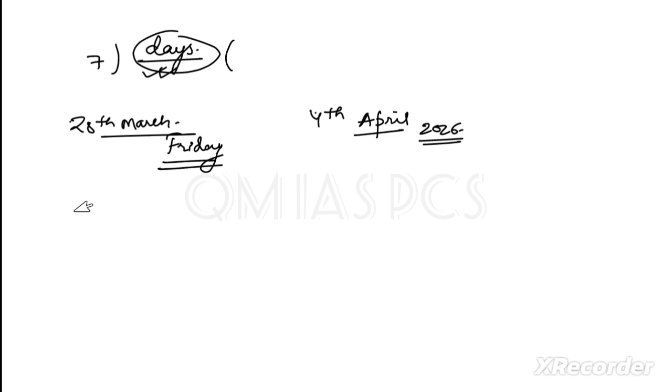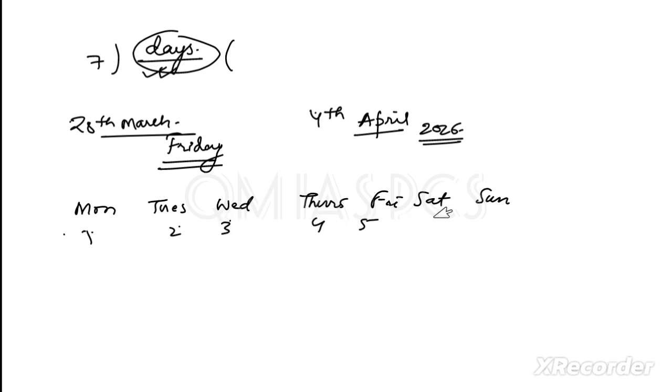Like Monday, Tuesday, Wednesday, Thursday, Friday, Saturday, and Sunday. Earlier we were taking 1, 2, 3, 4, 5, 6, and 0.